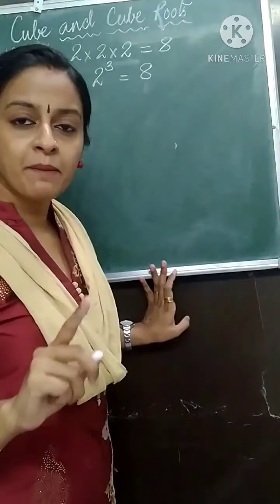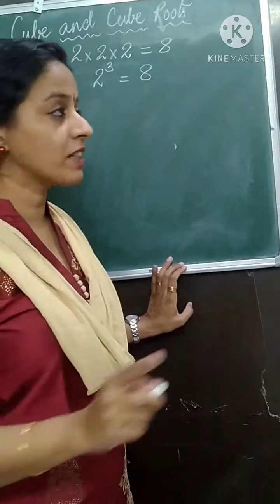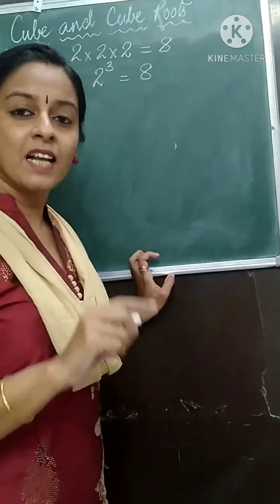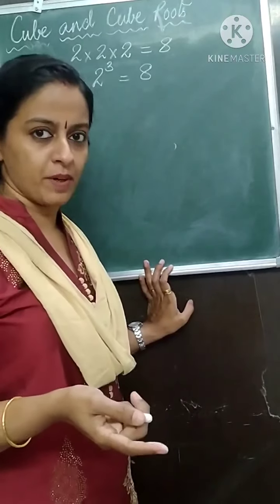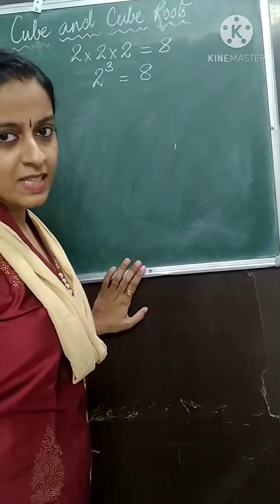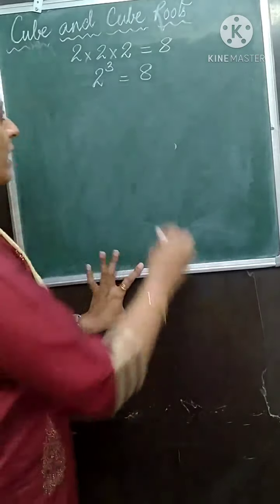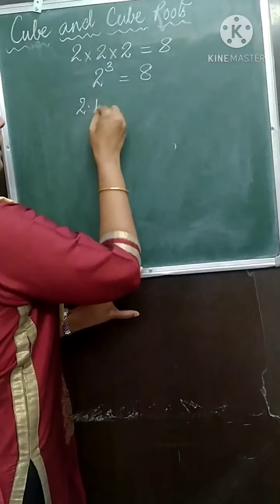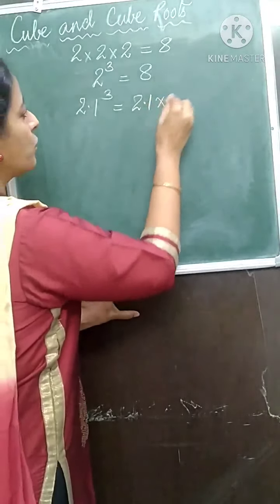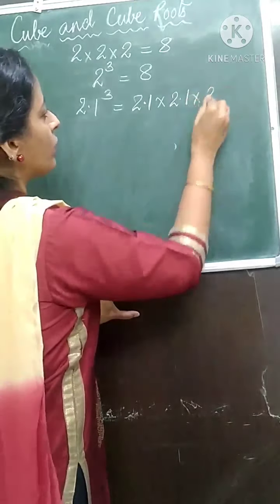When a number is multiplied thrice, then the product that you get, the product meaning the answer after multiplying, that is called the cube of the number. So here 8 is the cube of 2. Similarly, suppose 2.1 cube means 2.1 into 2.1 into 2.1.